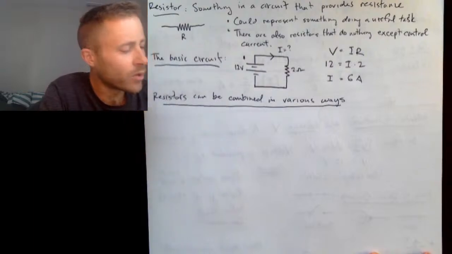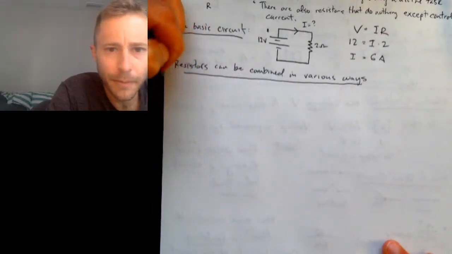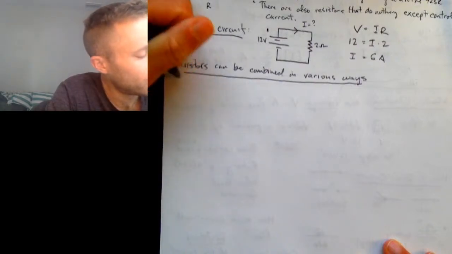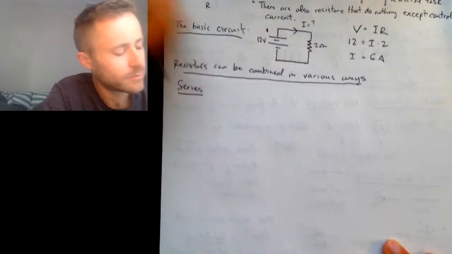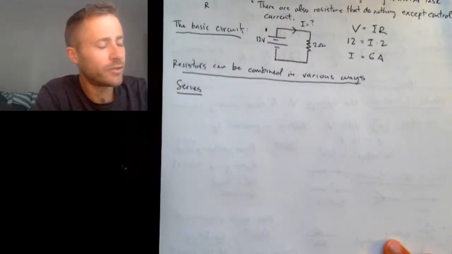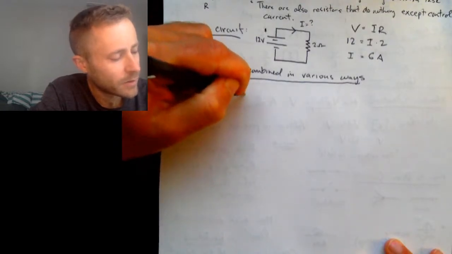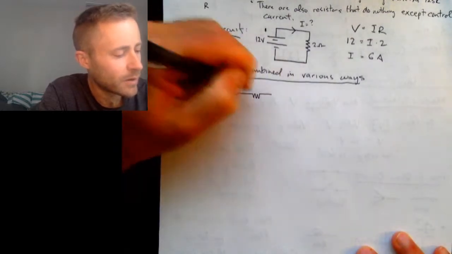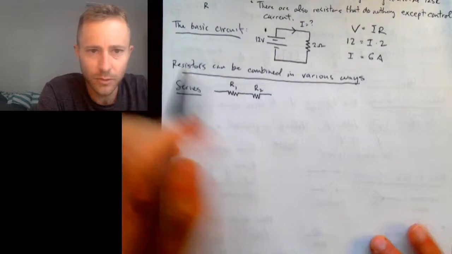One of the ways that resistors can be combined is called a series connection. And a series connection has one resistor connected to the other by a wire. So it's like a chain of resistors.